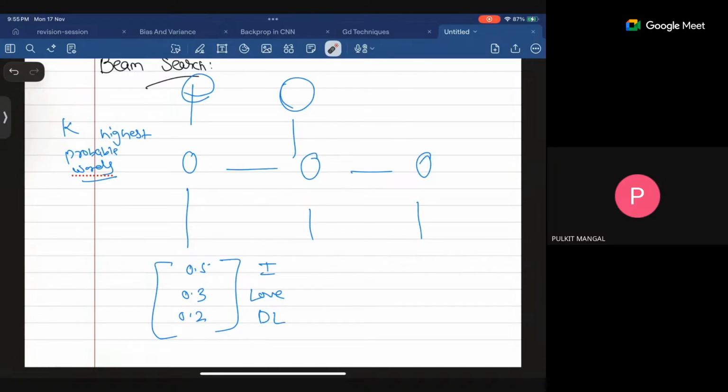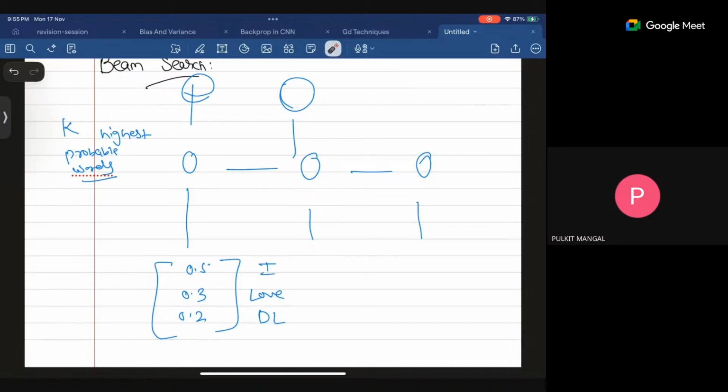Now, the problem is that the sequence you get using this greedy approach, where every time you use just the one word with the highest probability to generate the sequence, need not be the true sequence or a good sequence. Another way of doing this is beam search.